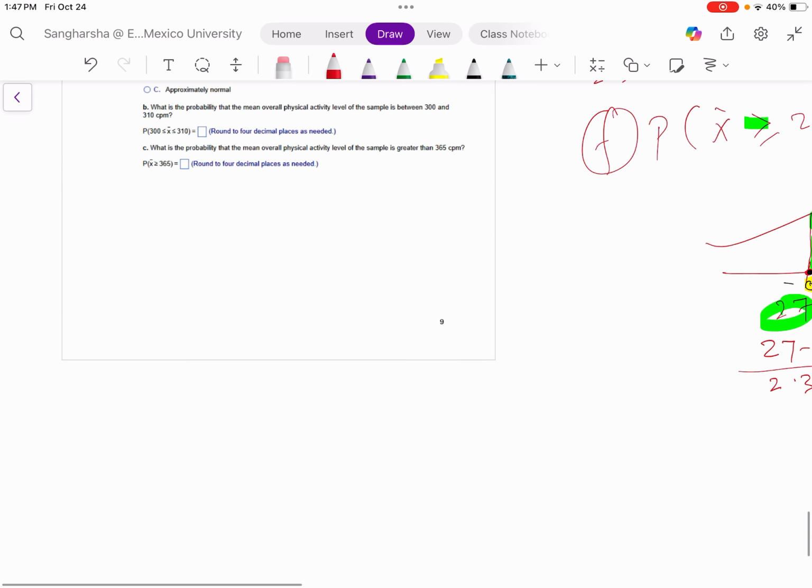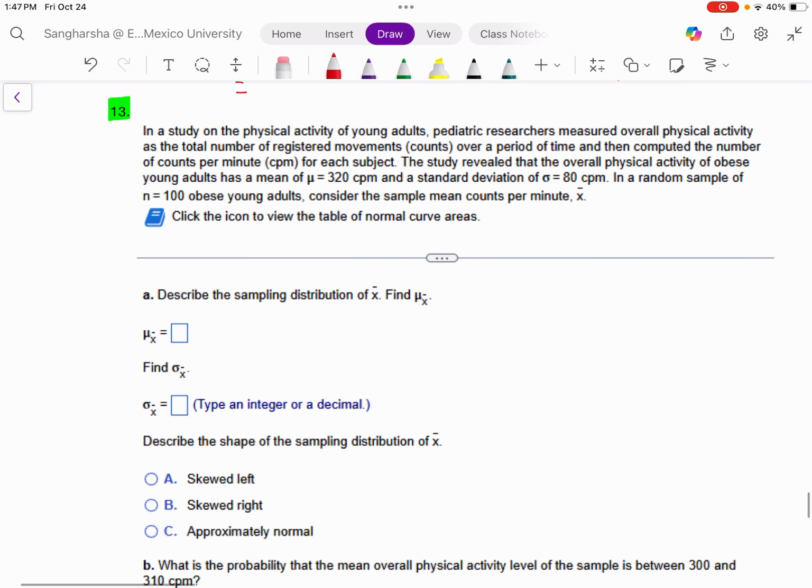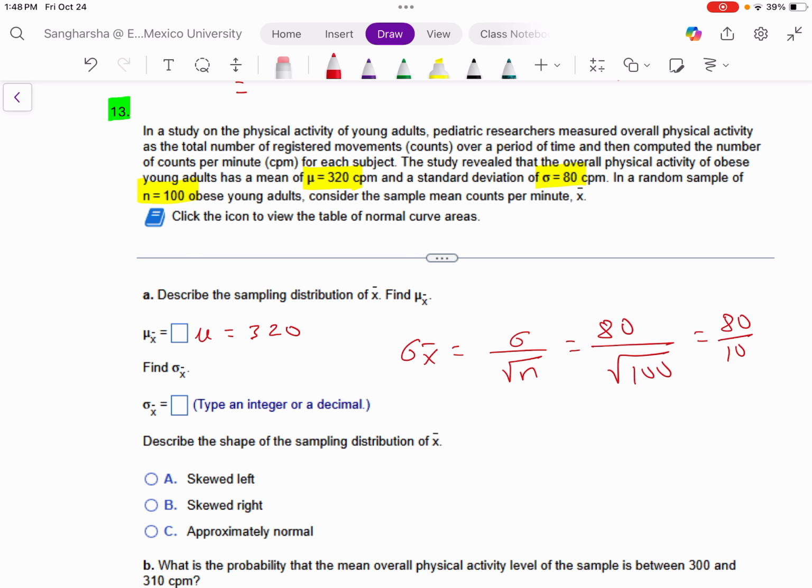Now in number 13, our mu is 320, sigma is 80, our n is 100. We use the central limit theorem. Using the central limit theorem, mu of x bar is equal to mu, which is 320. Sigma of x bar is sigma divided by square root of n. Sigma is 80, n is 100, so 80 divided by 10, so 8.